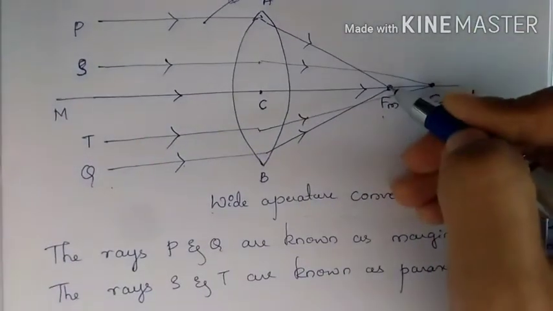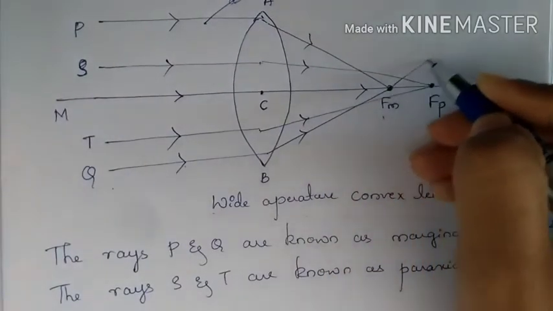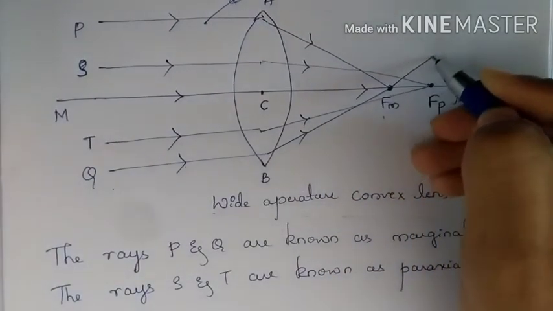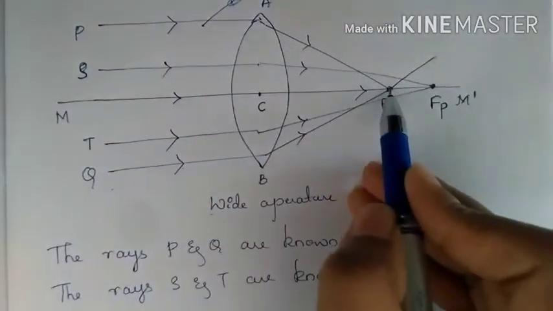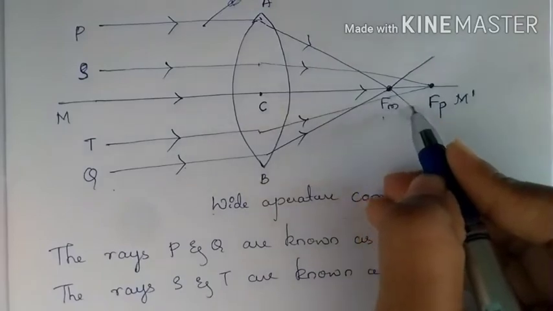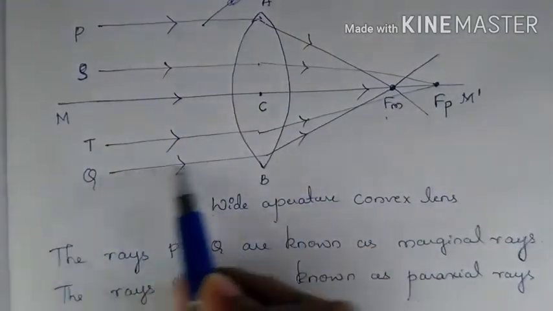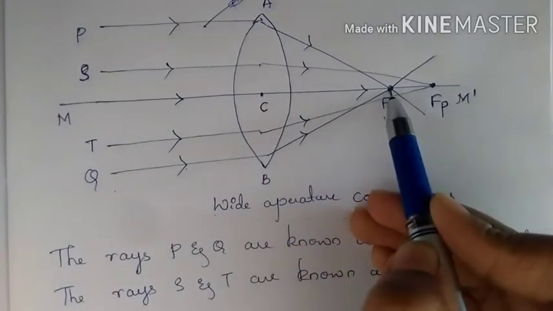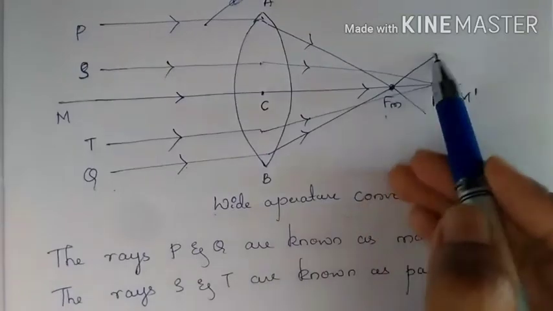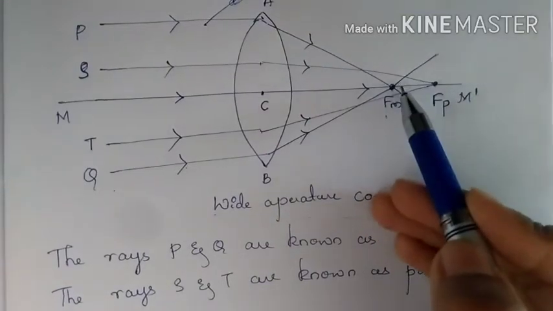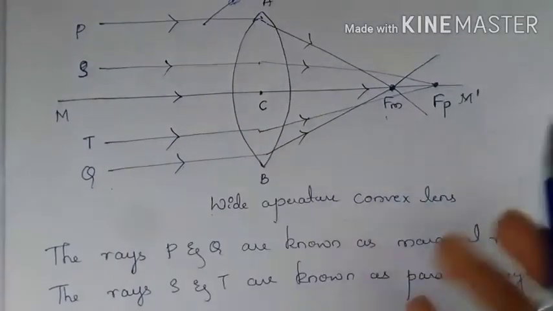Now if you extend the P ray, and here we are extending the Q ray, so it is not the T ray, it is the Q ray. If I extend the Q ray, this will be the extended ray, and if I extend the P ray, then this is the ray.